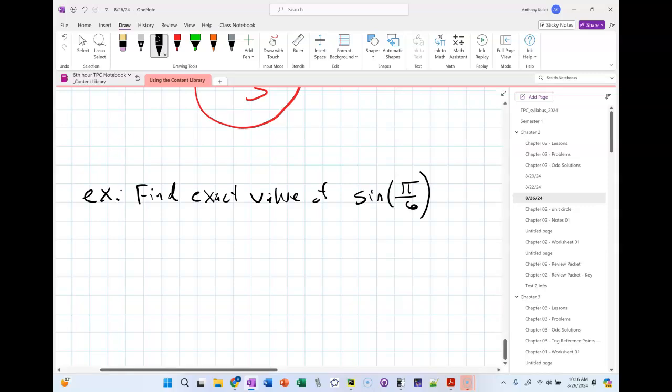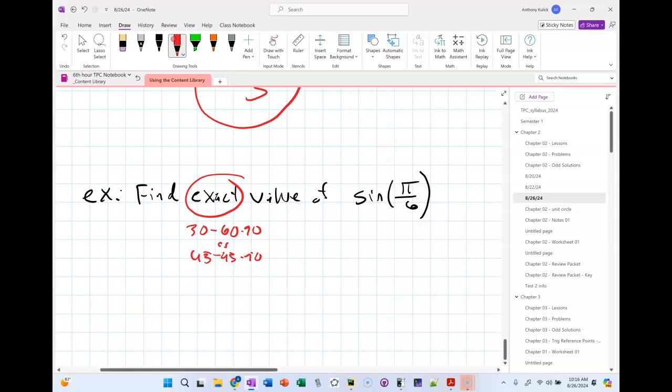What if I asked you to find the exact value of sine of pi over 6? Oh no! So you hear the words exact value. What do you know we're going to have to use? I know I'm going to need the 30, 60, 90 or 45, 45, 90 triangles to do this, right?